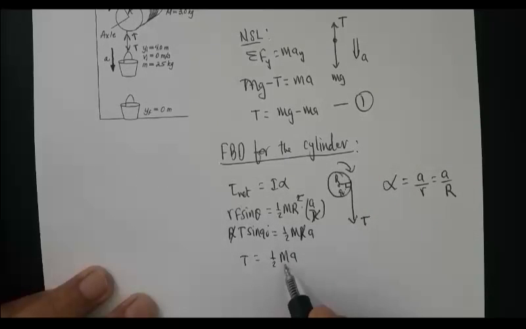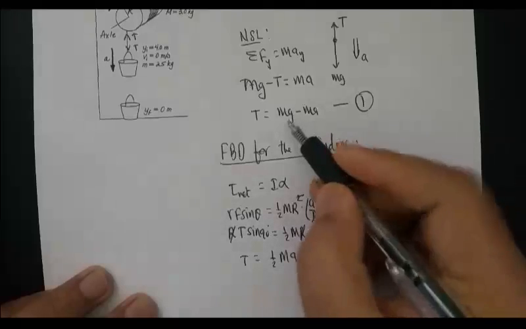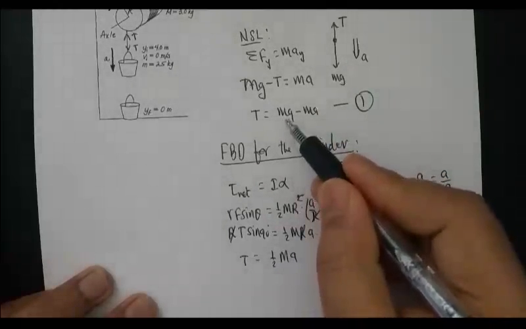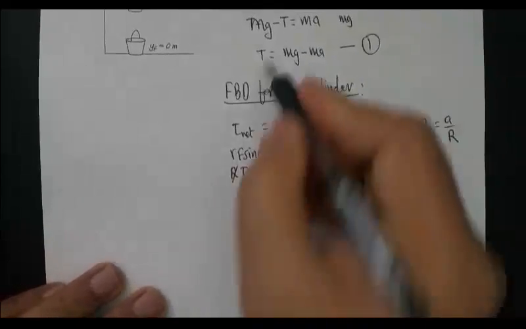Remember, this is the mass of the cylinder, big capital M, and this is the mass of the bucket, lowercase m. Be careful.